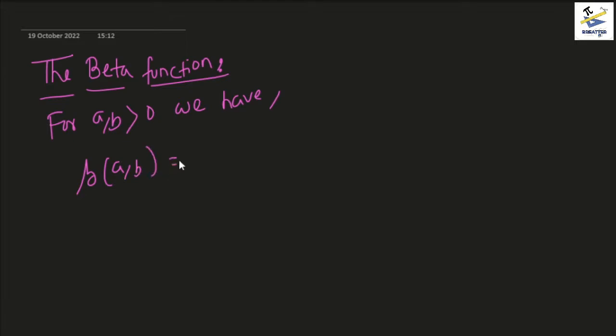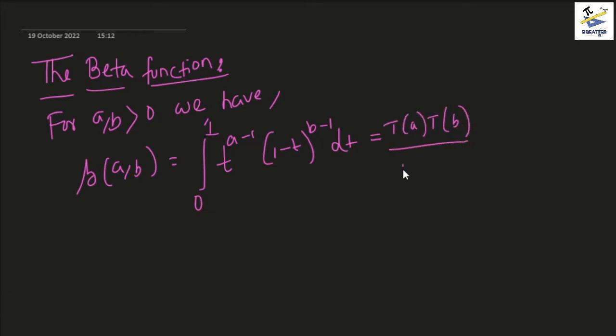Beta a comma b would be just equals to... So for positive reals a and b we have the beta function, which is this, and the beta function can be expressed in form of the gamma function as gamma of a into gamma of b divided by gamma of a plus b.